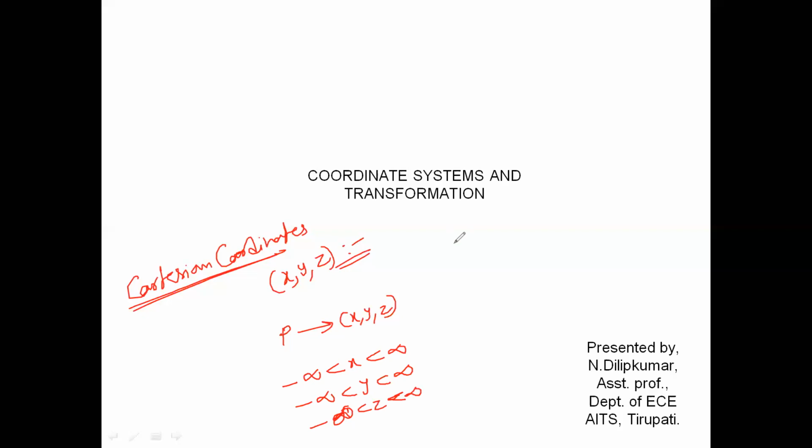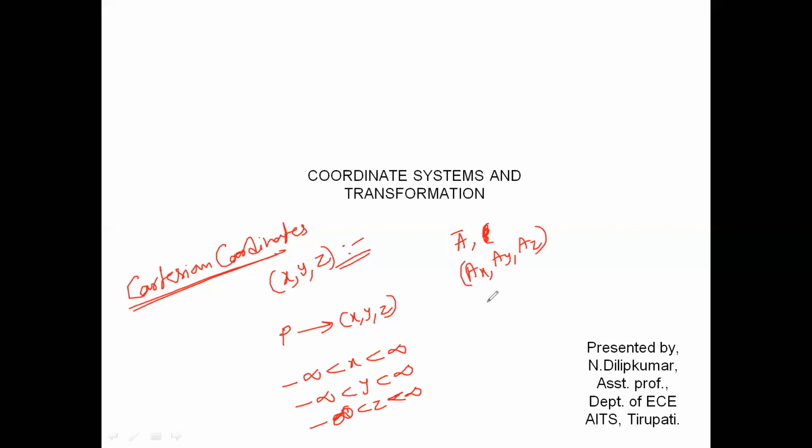If you want to represent a vector in the Cartesian system, it can be represented in the form of a point, that is Ax, Ay, Az.